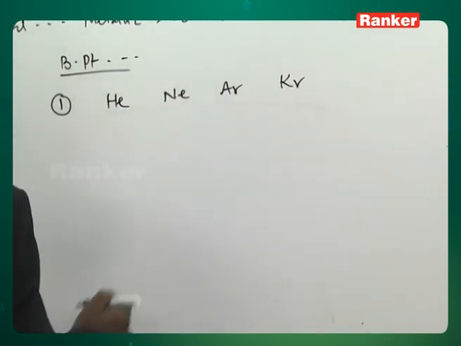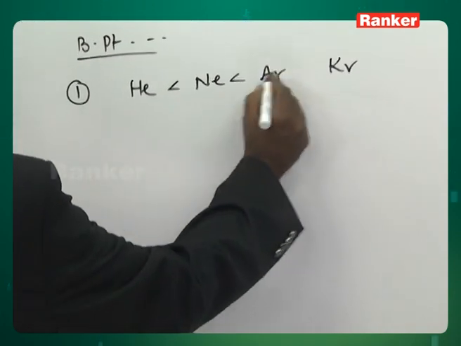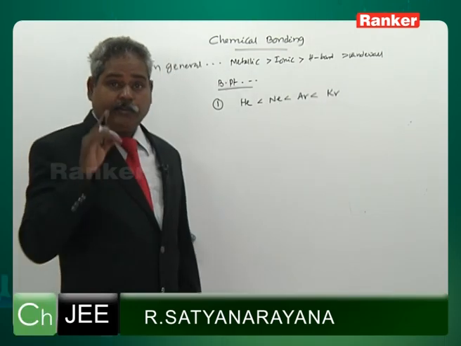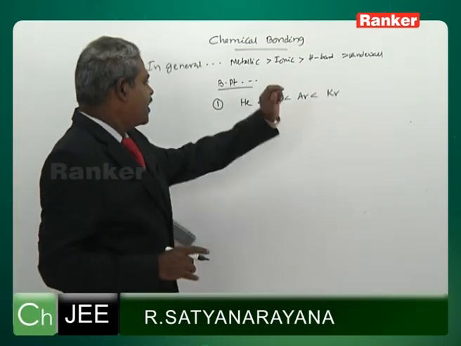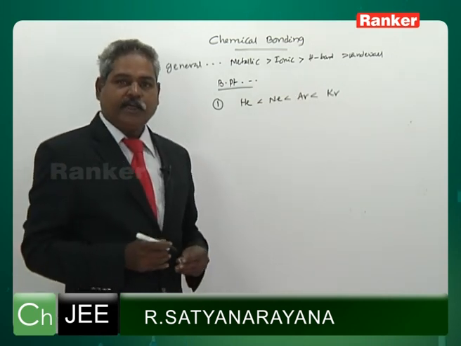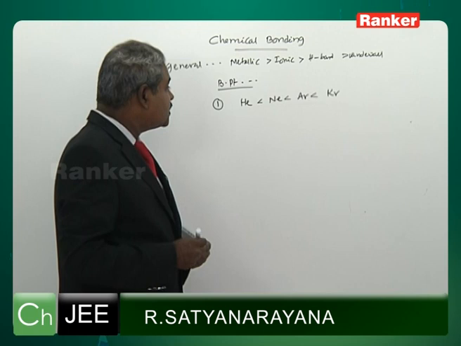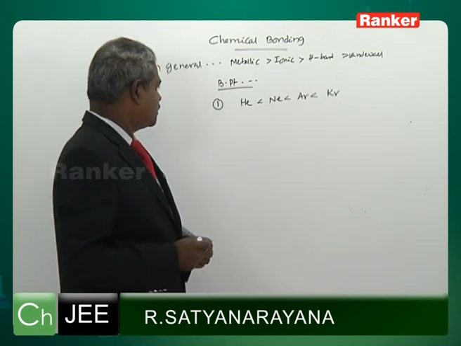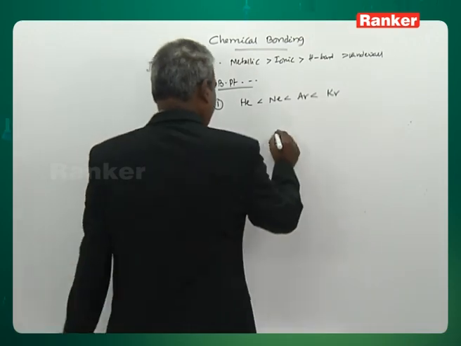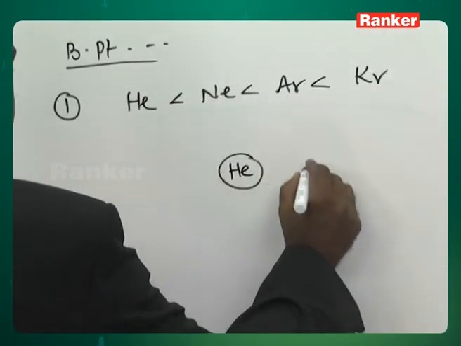So, the boiling point of helium is less than that of neon, because boiling points in this case, I repeat, in this case are directly proportional to atomic weights. Not in every case are they directly proportional, only in this case, because there is nothing else to distinguish between helium and neon.